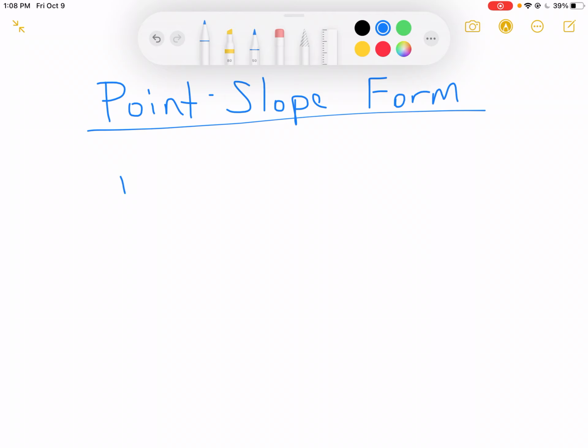It's crazy. So y minus y1, or actually here, we'll back up a little bit, okay? So what you're going to see is a problem that says you have a line that passes through a specific point.